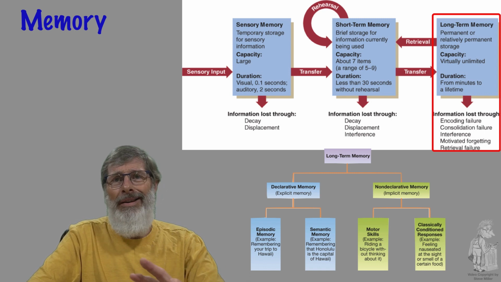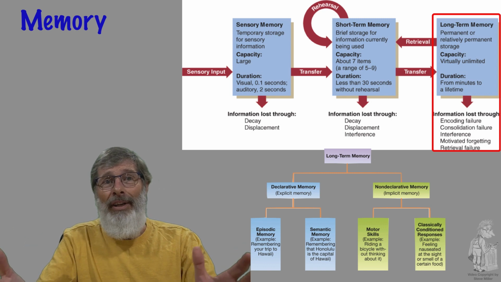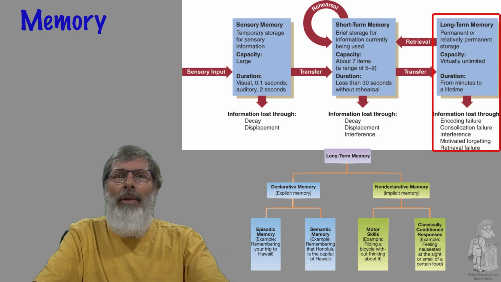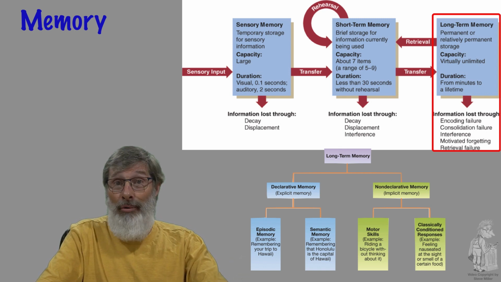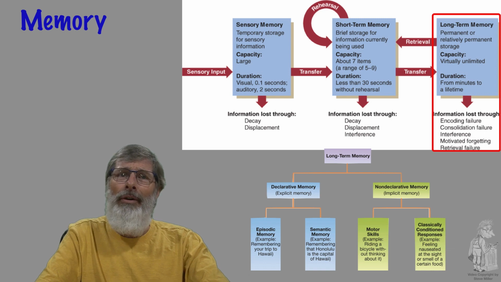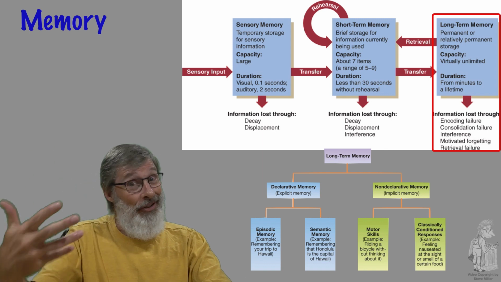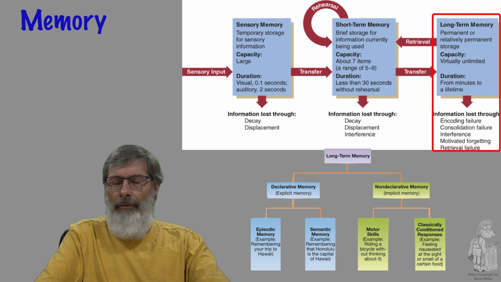Now there are two kinds of explicit memory, episodic and semantic. Episodic memory is a form of explicit memory where memories of the things that happen to us or take place in our presence. It's also referred to as autobiographical memory, where you might say, I remember when, and you go on to remember. It's about you and your autobiography of your life.